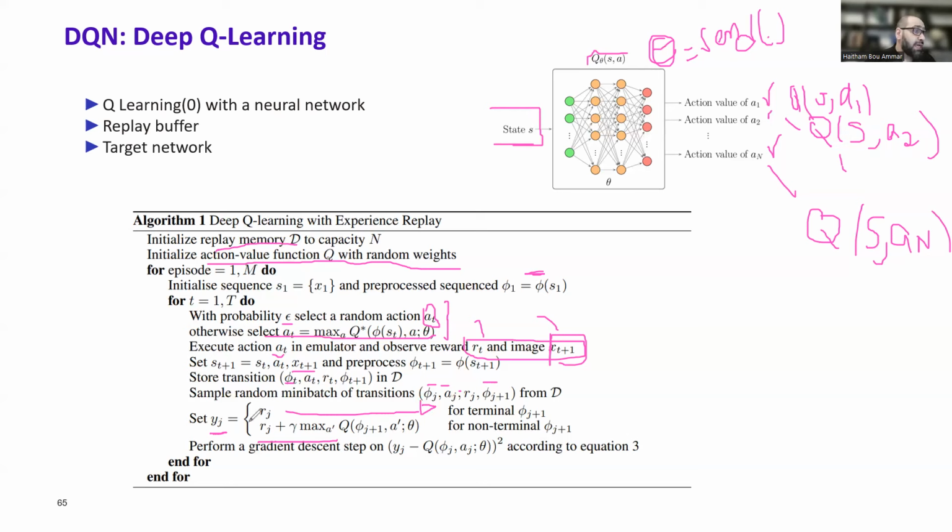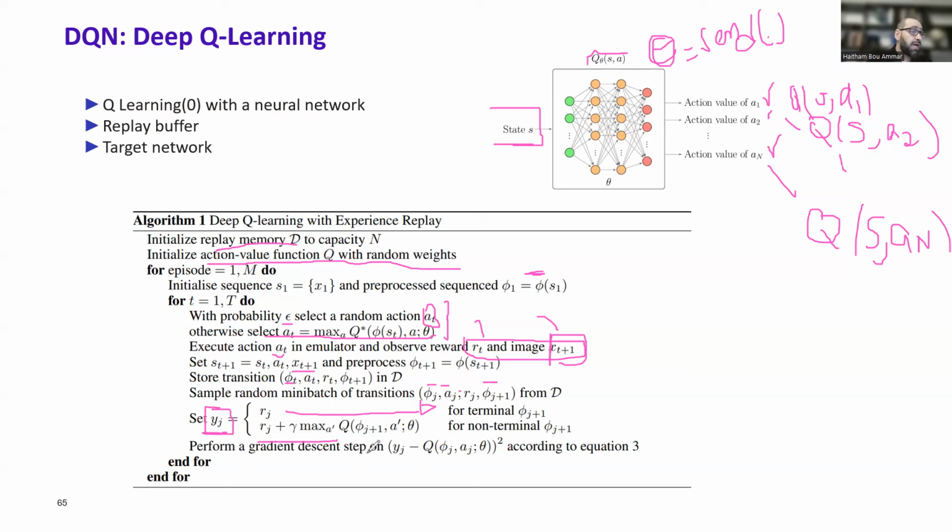And now once I have those yj's, I'm going to try to update the weights of my neural network to be close to the estimates yj that I have gotten here.